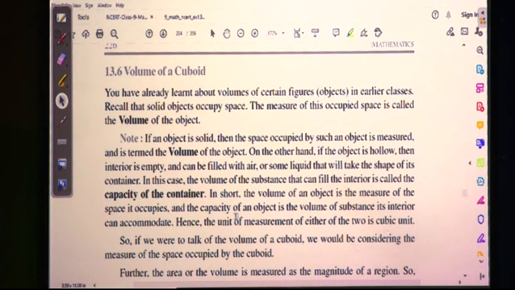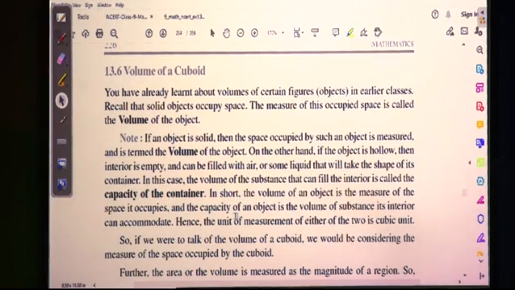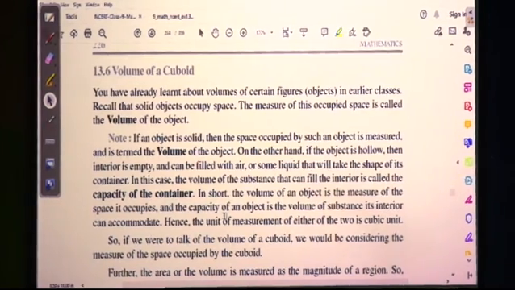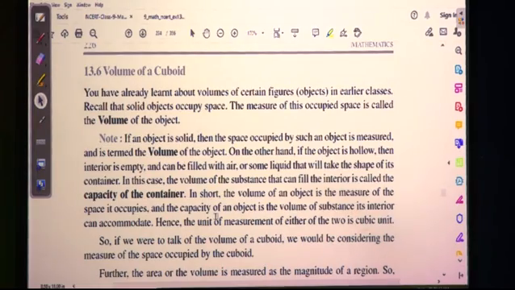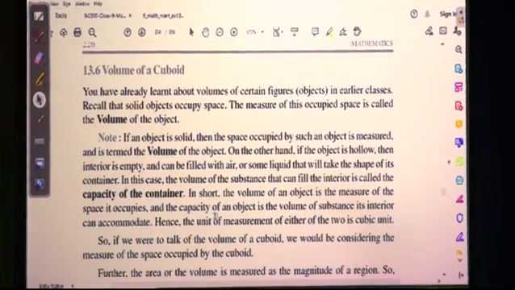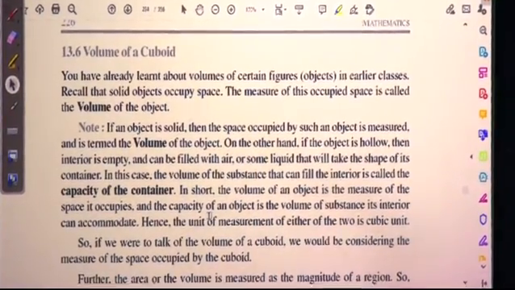Now, we are going to study how to calculate volume of the same objects that we have studied for surface areas.